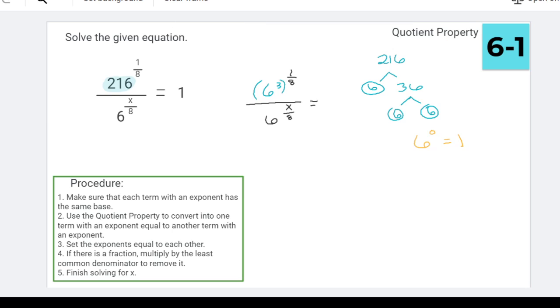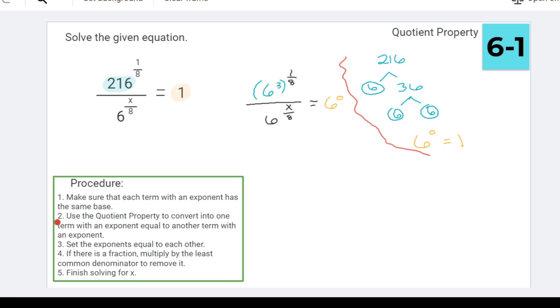So I'm using that property to rewrite the 1 as a number with 6 as a base and an exponent, because I know that down at step 3, I'm going to need 6 to some power. Should have given myself more room here, but... Alrighty, so now here's the equation that I have.